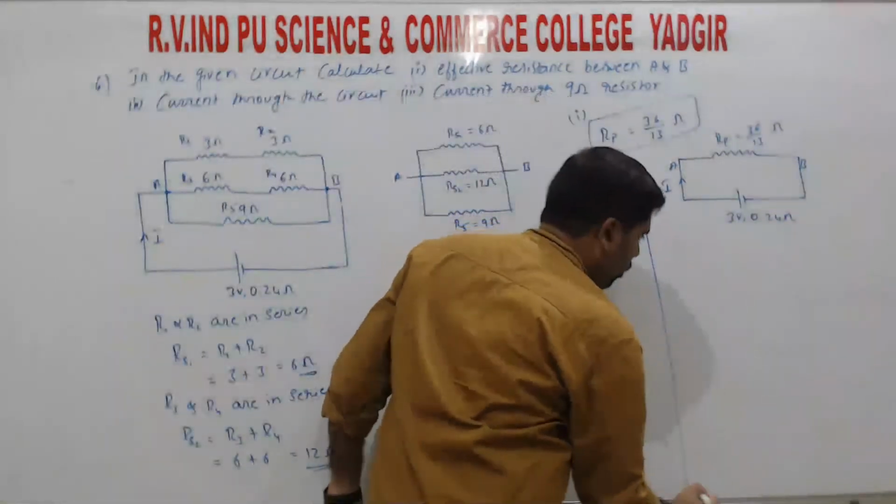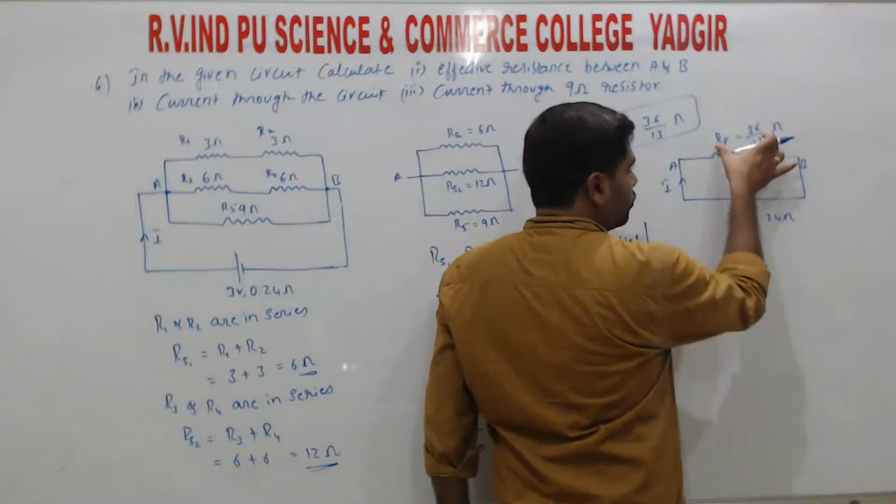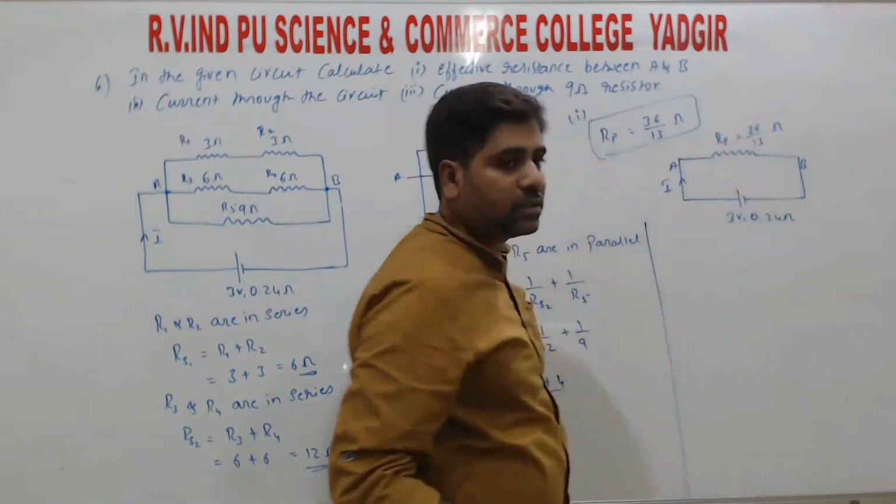So from the formula we have the relation V is equal to IR. So here RP is the resistance, right?